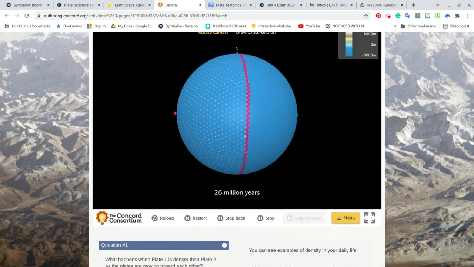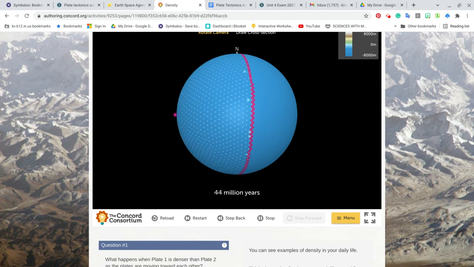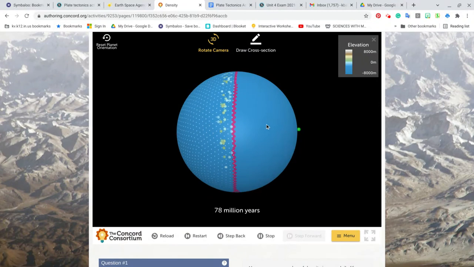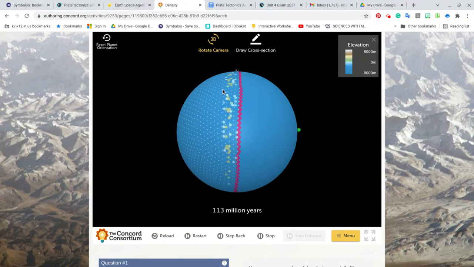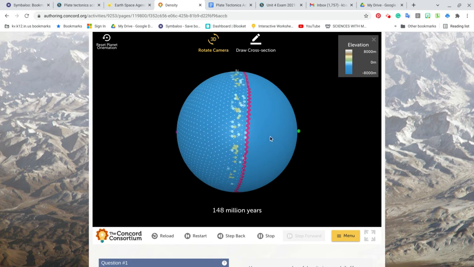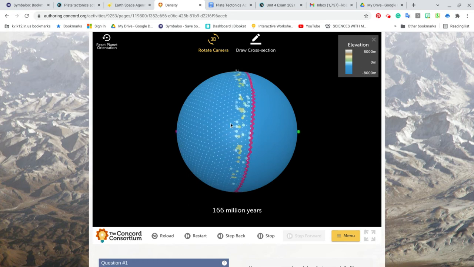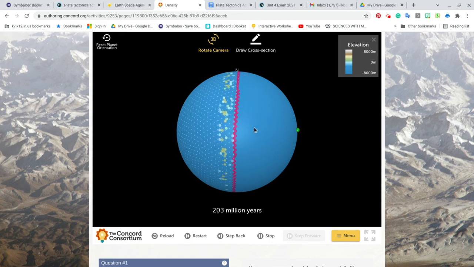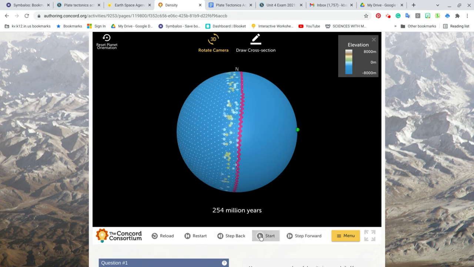Okay, now it is going to show these things happening. I don't want it to rotate. So remember, this is the low density. And I'm just stopping it from turning. And pause.